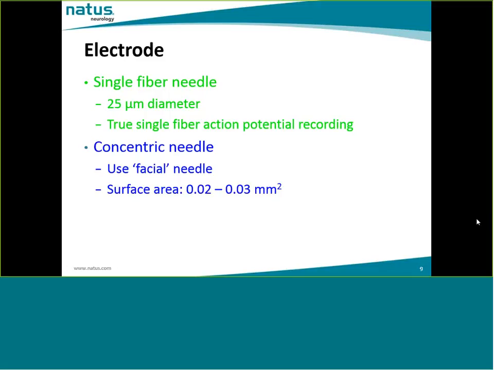The standard concentric needle has a recording surface of 0.07 square millimeter. And we want to emphasize that when a concentric needle is used, we are measuring jitter between spikes. They may or may not be true single muscle fiber action potentials.